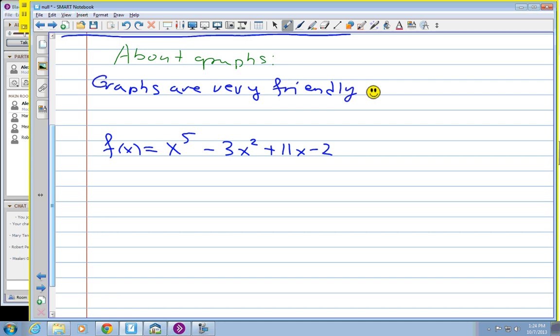And the junk that follows our leading term won't even matter after a while, because when x is large enough, those terms will affect the value of the function a little bit, but not so much that it will make the function turn. It will just keep going up.